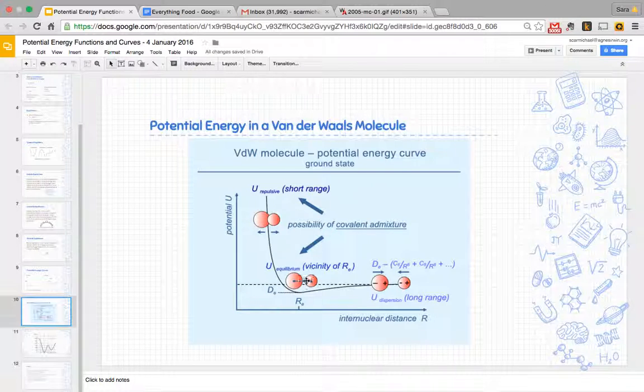If they get any closer together than that, the atoms are going to start repelling each other. Their electrons are too close. And if they get further away from that position, they start attracting each other. So they have this sort of ideal separation distance, and any change in that separation distance is going to cause a change in the potential energy.